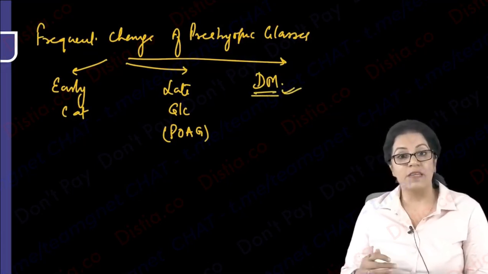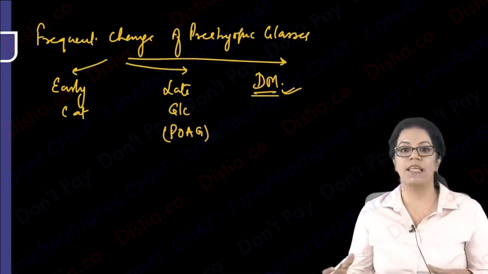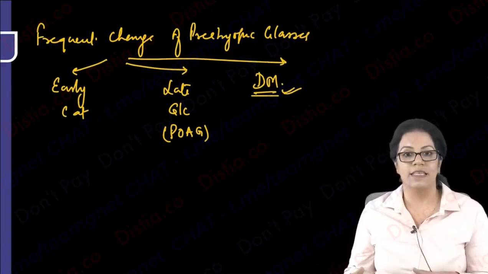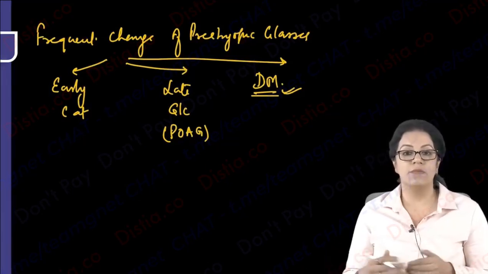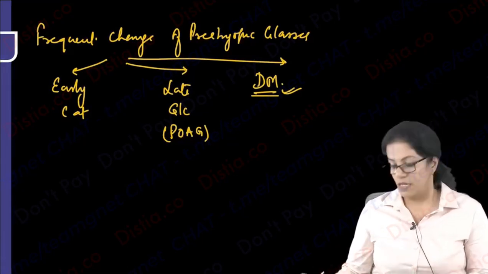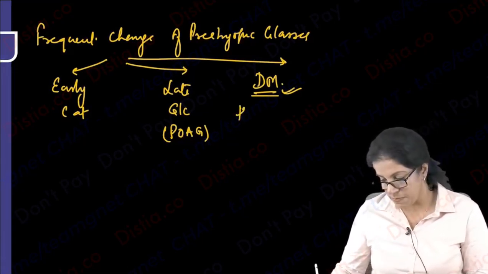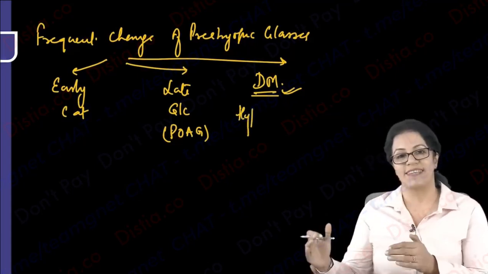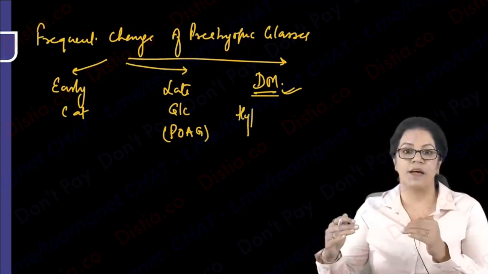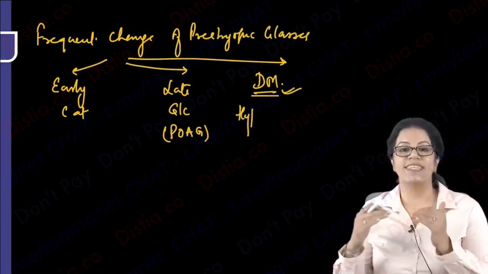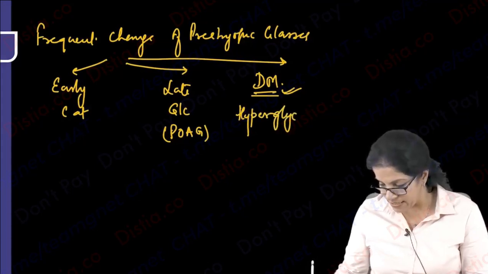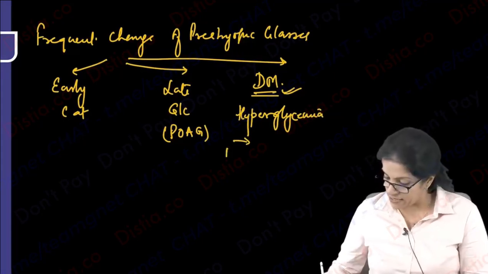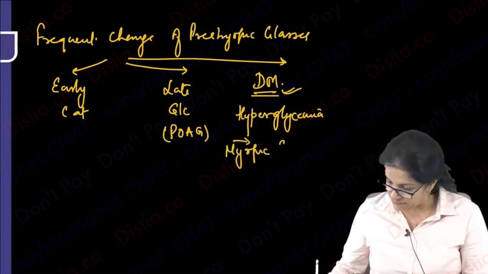Why? If there is more glucose, what is happening? Swelling of the lens. Any swelling of the lens, think yourself, is going to cause more curvature. When there is more curvature, more power. So hyperglycemia, when you say more power, or going towards more power, what do you call that? Myopic shift. Okay, so we can learn it here that if there is hyperglycemia in this patient, if he is hyperglycemic, there is myopic shift.